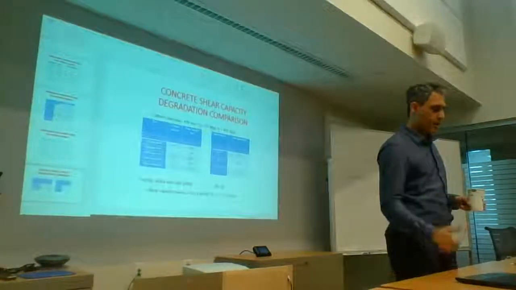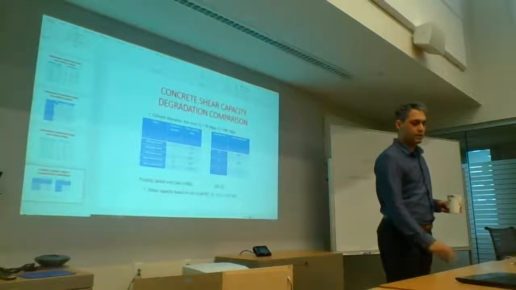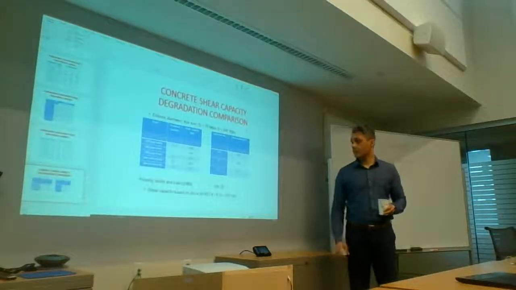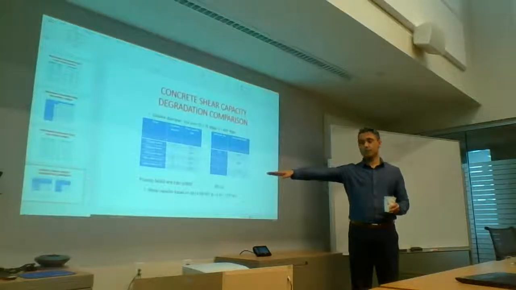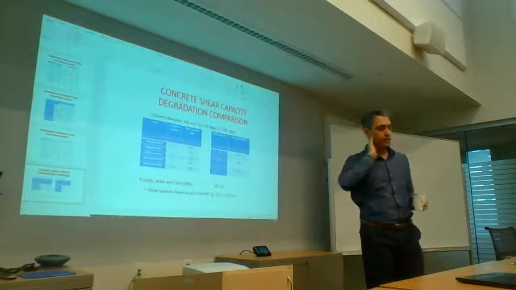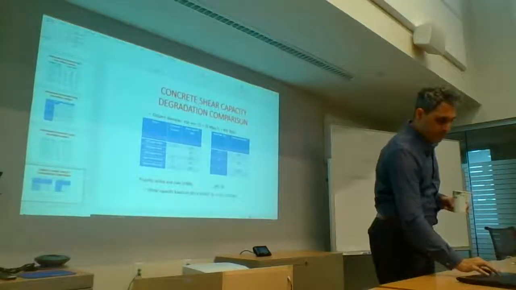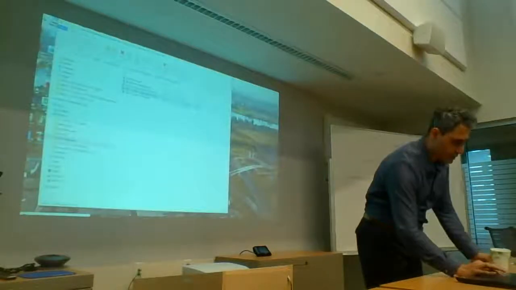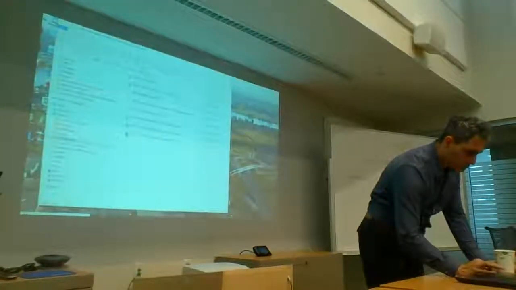It's with the Chapter 8 Code Committee, so I'm not exactly sure, but when we were having our conversations, I think there was talk about using the model from 2007 that Dr. Priestley and Kowalski came up with. So just be mindful that you need to account for shear degradation when you need to.